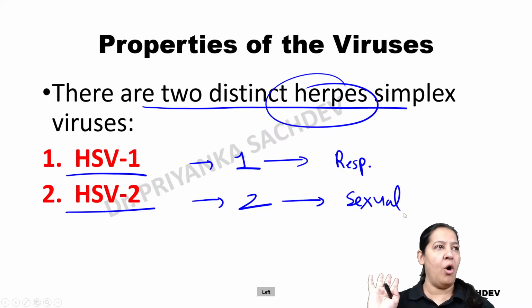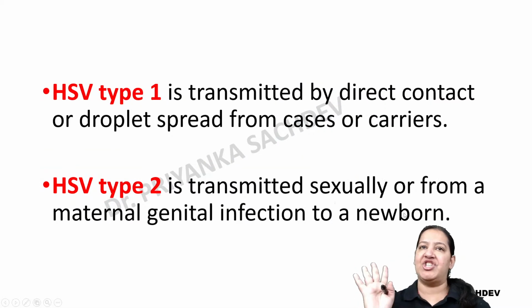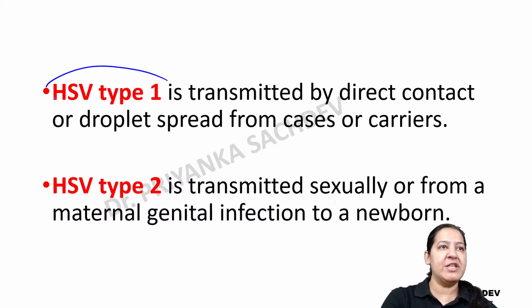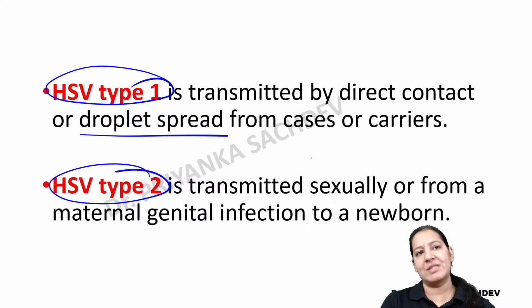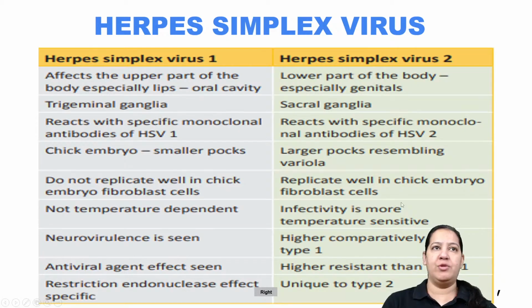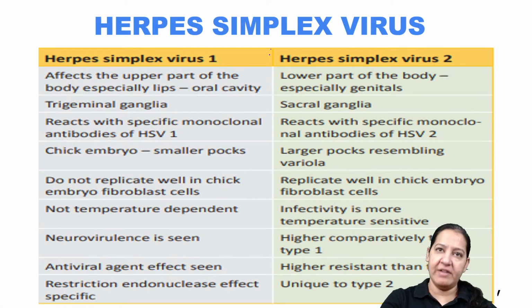I'm coming on that also. Both will cause rash. HSV type 1 is transmitted mostly by droplet infection, and HSV2 by sexual route. So there are differences between HSV type 1 and 2. I will come on this table.